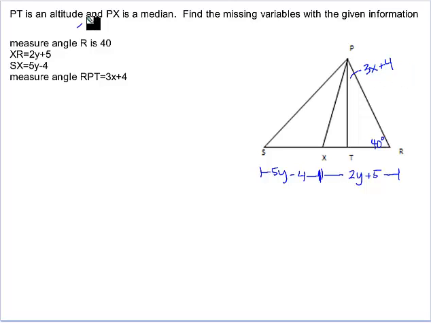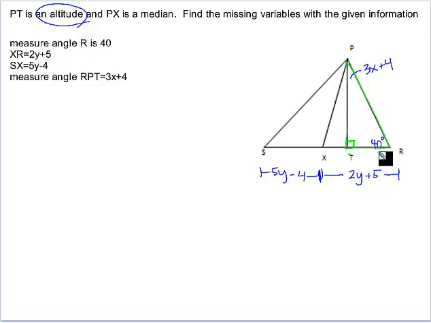So now if PT is an altitude, an altitude forms a 90-degree angle. So when we follow PT down, that means right here should be a 90-degree angle. Notice now we have this triangle, and we know that the three angles of a triangle should add to be 180.